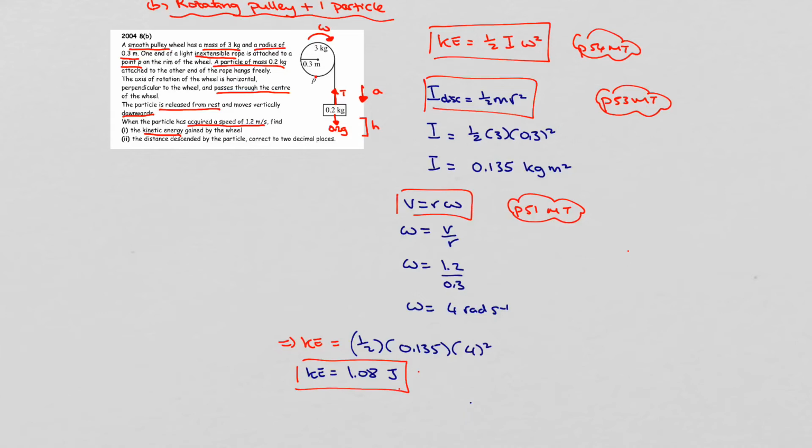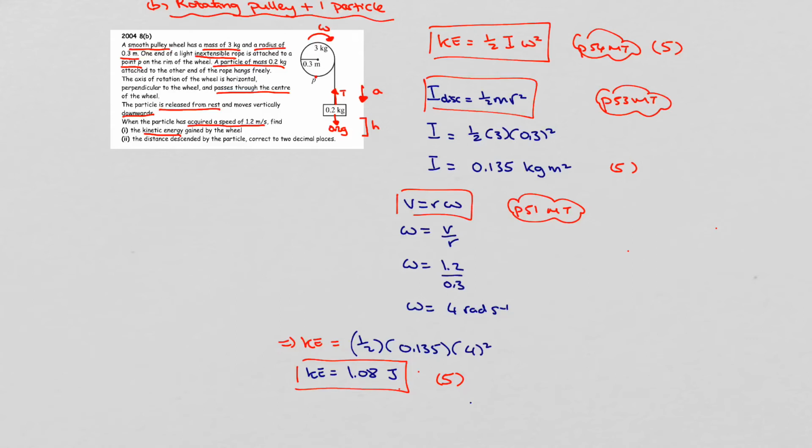So we had 5 marks for getting our moment of inertia. We had 5 for getting our kinetic energy formula and substituting in, and getting our kinetic energy was 1.08. So we had 15 marks, really handy 15 marks there, just for those 3 lovely little formulas.